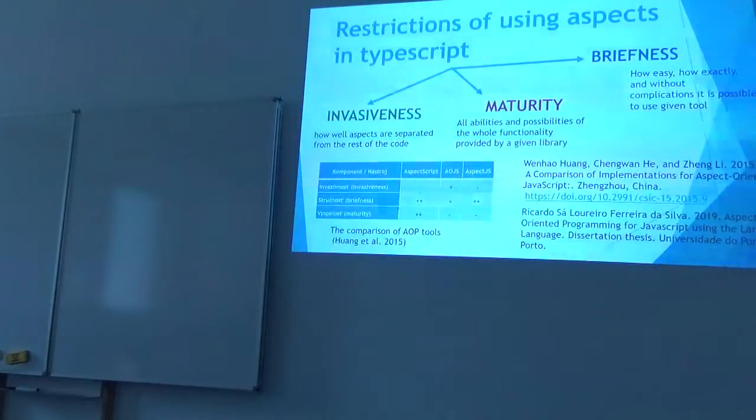Then is this rather obliviousness than invasiveness? I mean, we want aspects. They are invasive because they invade our code, but the problem is that code should not be aware of aspects, or you should not be forced to put there some hooks for aspects, or some points to indicate some labels or prepare something. Maybe yes, but there is another problem.